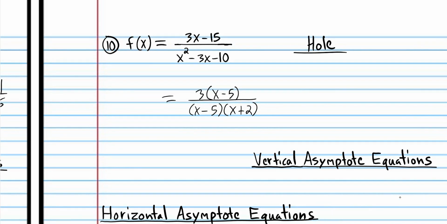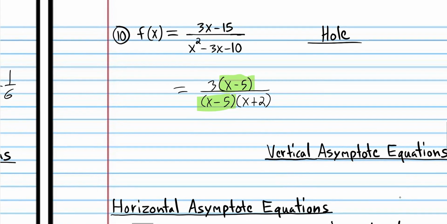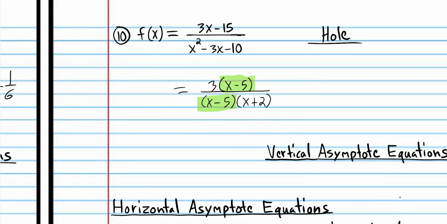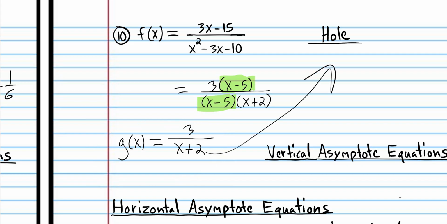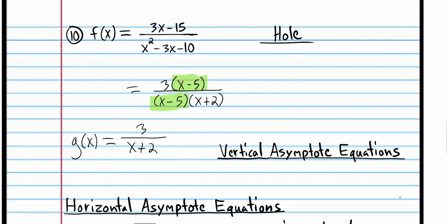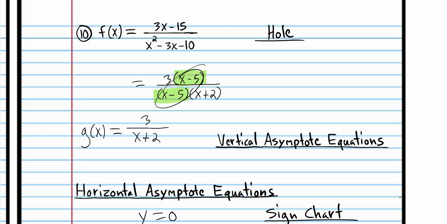And so again, we have factors that are common to the numerator and the denominator. And so if we define a new function here and call it 3 over x plus 2, this will help us to graph the function, and it'll help us to find the exact location of the hole. But we know there's a hole at x equals 5 because that makes the expression 0 divided by 0.